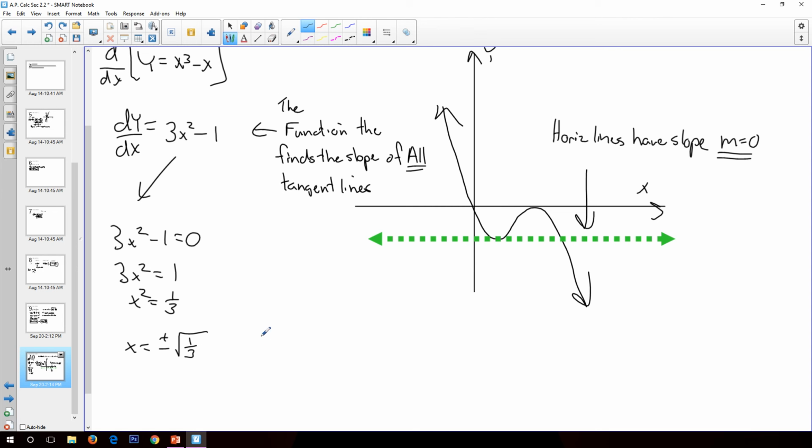So the values for x where y has horizontal tangent lines is at x equaling plus or minus the square root of 1/3.